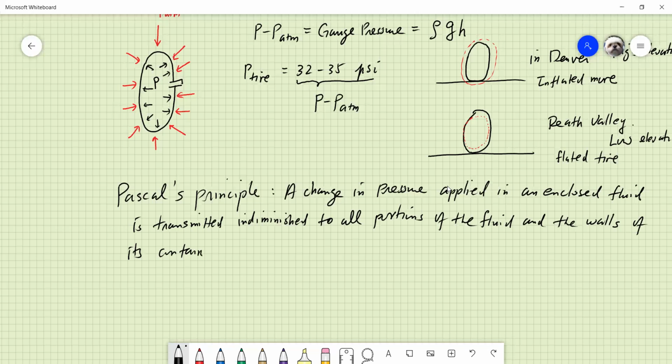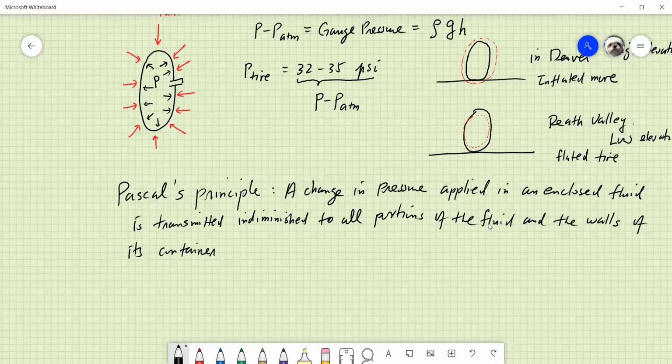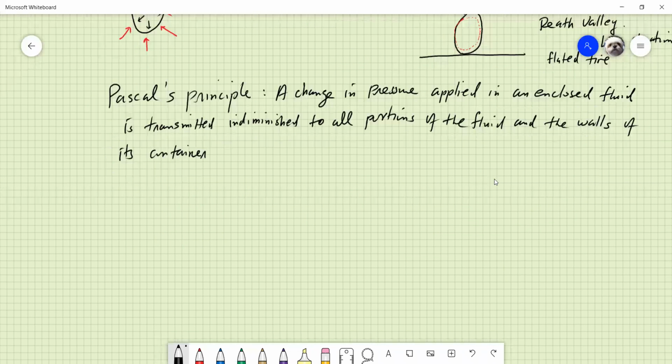Now, what does that mean? Now we can draw it here. I'm going to draw some container, making a very interesting shape. I have a container like this.